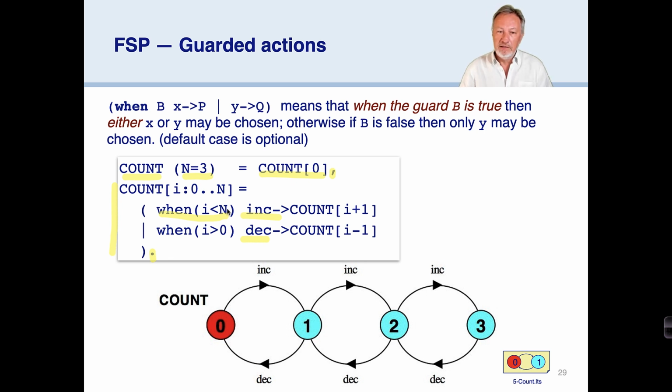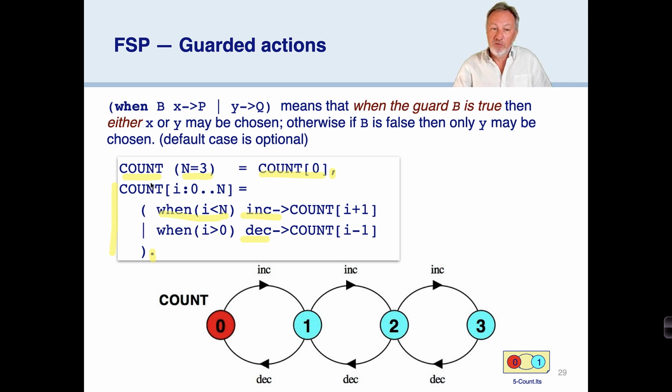So in the case that i is less than n, then we'll have the possibility of performing the action inc to count with the higher value of i. And in all cases where i is greater than 0, we can perform a dec action, and we will decrement and go down to the state count where i is 1 less.